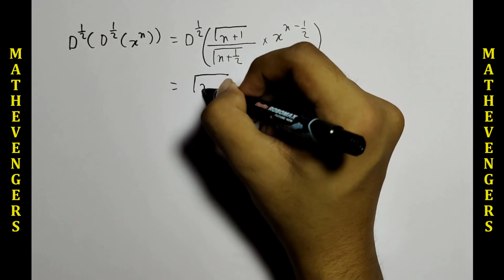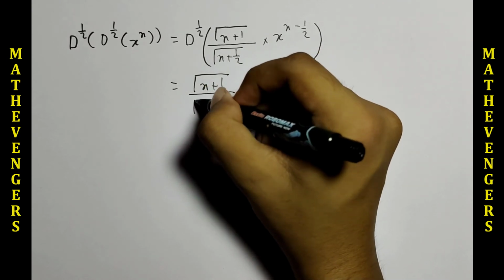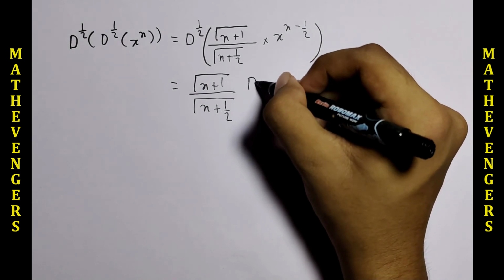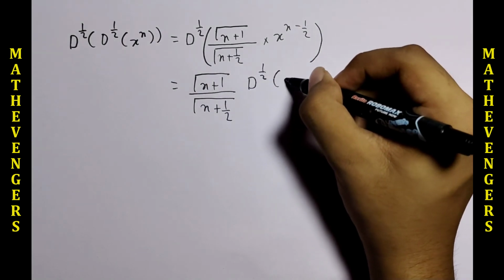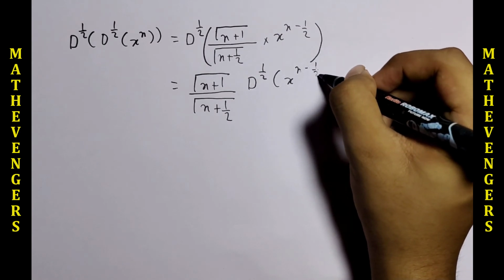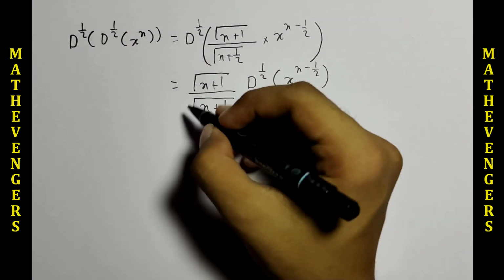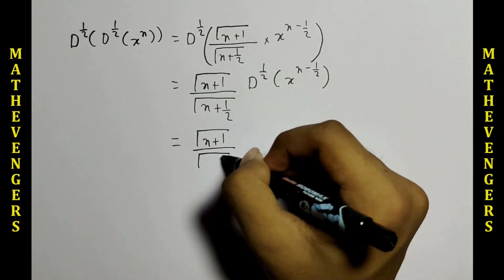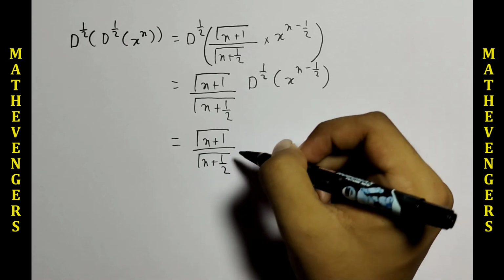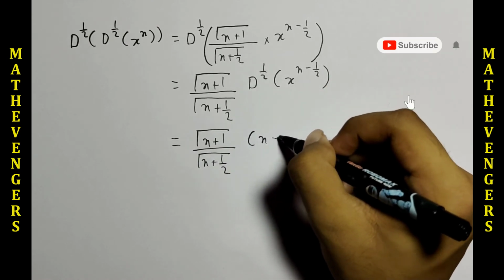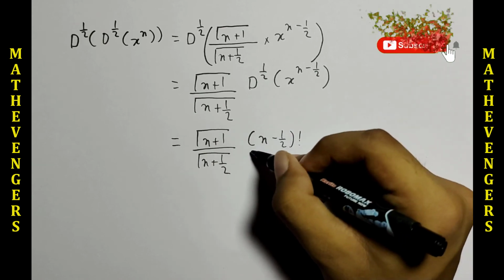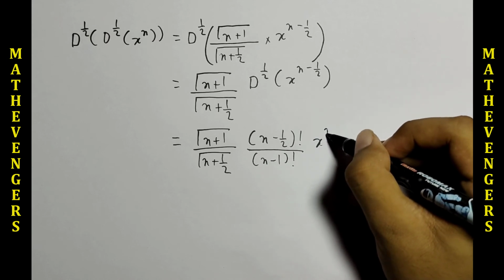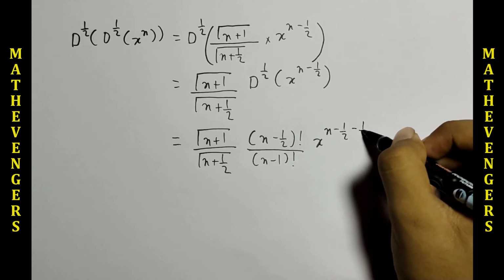So we can write it as gamma of n plus 1 upon gamma of n plus half into the half derivative of x to the n minus half. Now this will be equal to gamma of n plus 1 upon gamma of n plus half into n minus half factorial upon n minus 1 factorial into x to the n minus half minus half.